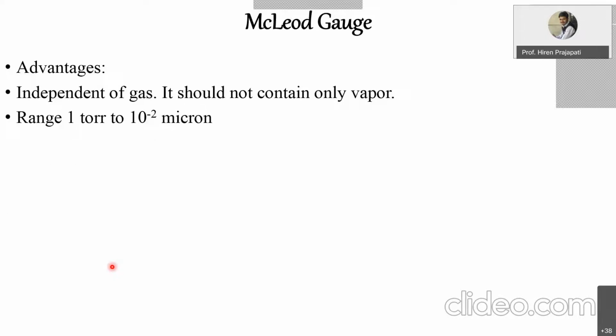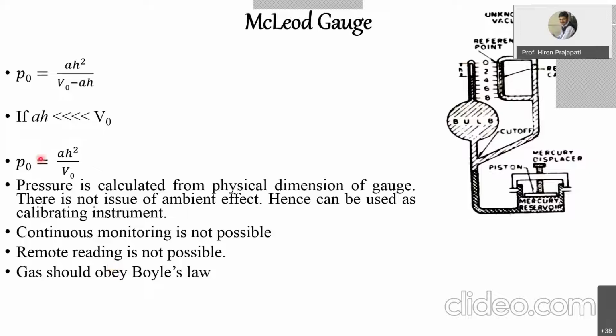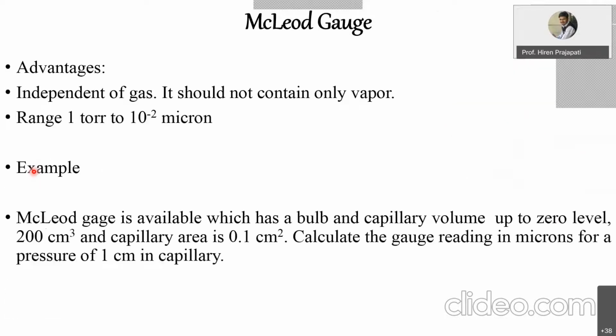So these three details are given. Now you can use this equation because a is given, H is given, and V0 is given, so you can find out this P0, which is vacuum pressure. If you solve, you will get 5 micron. Okay, so you can note these values and use that equation. You'll get 5 micron.